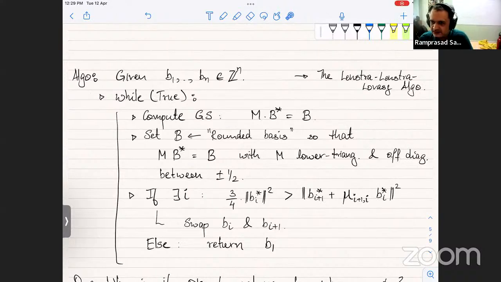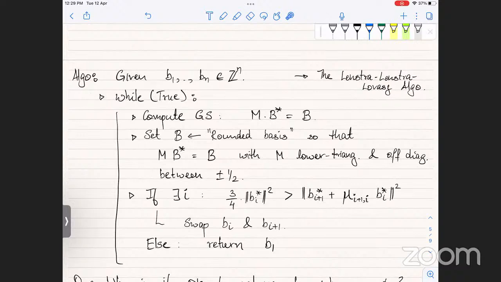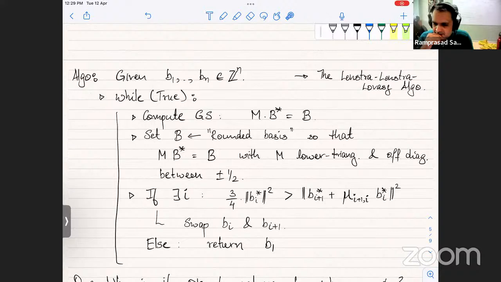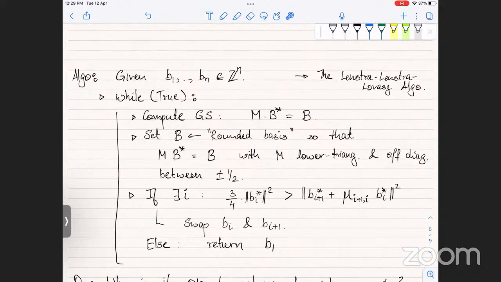I'm trying to say that if we change the basis, if we change the ordering of the Gram-Schmidt process, we might get a better approximation towards the lattice point. Is it true? Or it might happen that whatever way you are doing, the error from the nearest lattice point for each vector will be the same.